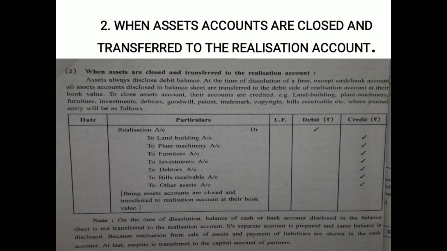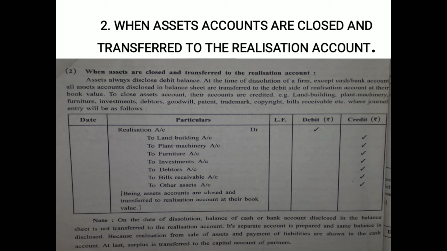But before that, you need to close the assets accounts. You will have to close down the accounts of all the assets and transfer them to realization account. Let us see what the journal entry for that is. Once you close down these accounts, only then you can sell them.